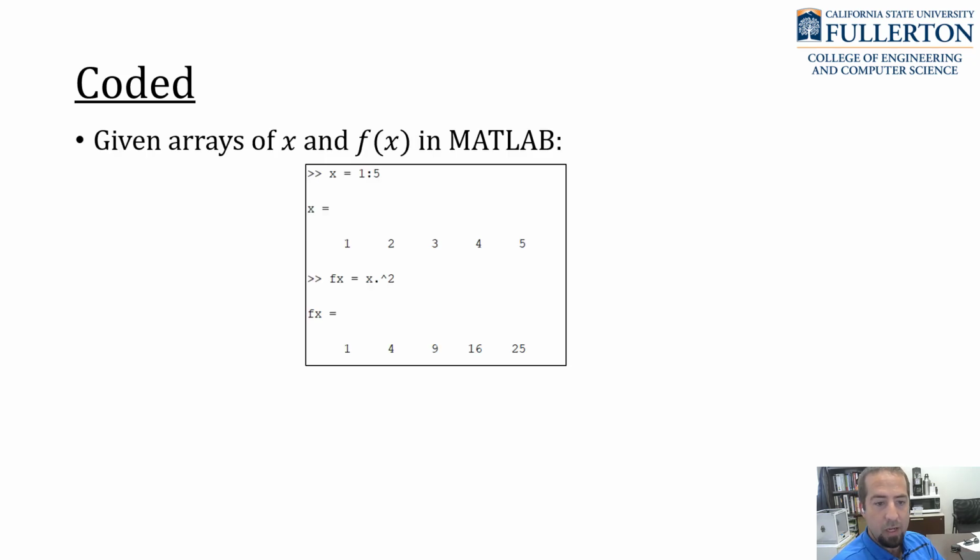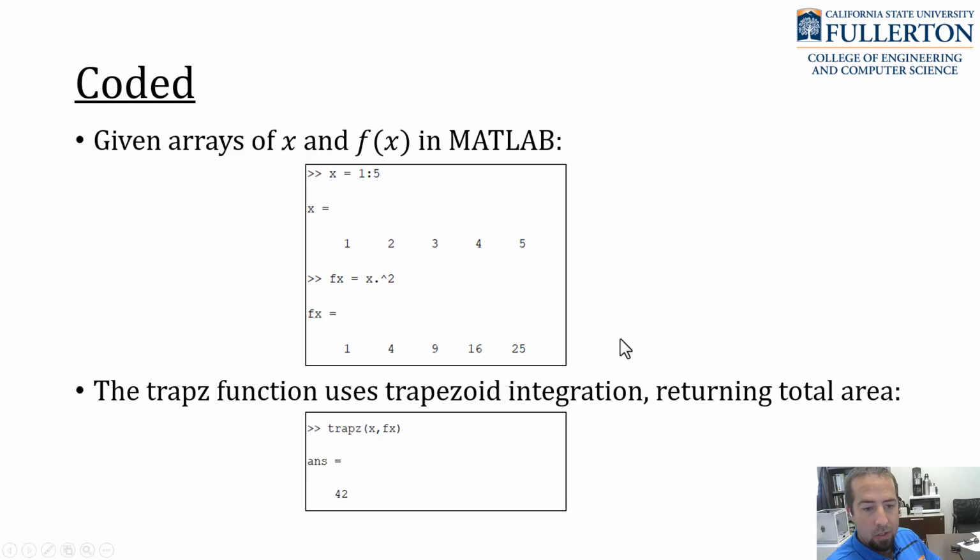Given arrays of x and f of x in MATLAB, here I've got x is 1 to 5, f of x is just x squared, but you can have any arbitrary collections of numbers for x and f of x. MATLAB provides what's called the trapz function, trapezoidal function, to return the total area under the f of x curve across a spacing in x.